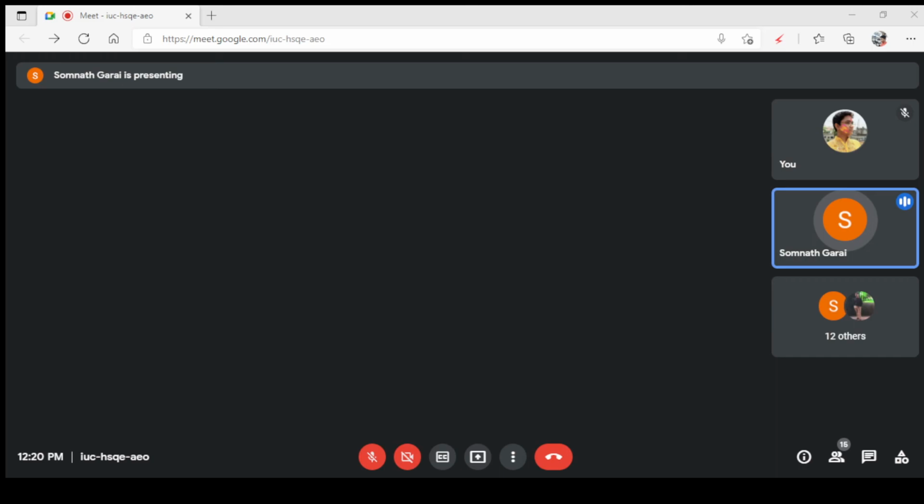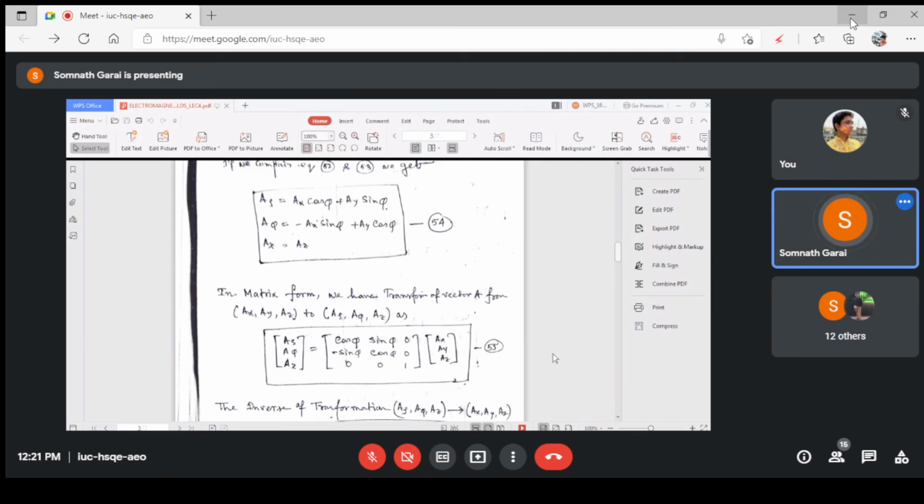Now you calculate the inverse transformation. Sir, can you see the third row? How did the 0, 0, 1 come? Just see this third equation: az is equal to az. This az we may write as 0 into ax plus 0 into ay plus 1 into az.